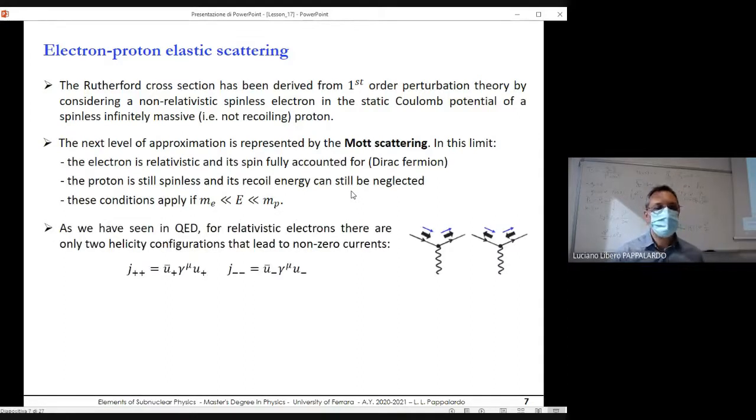Now, if you remember now from QED, for relativistic electrons, there are only two possible helicity configurations that lead to non-zero current, right? So U plus and U minus are the helicity spinors, if you remember. Okay, so these are the only two combinations that provide conservation of helicity in electromagnetic processes.